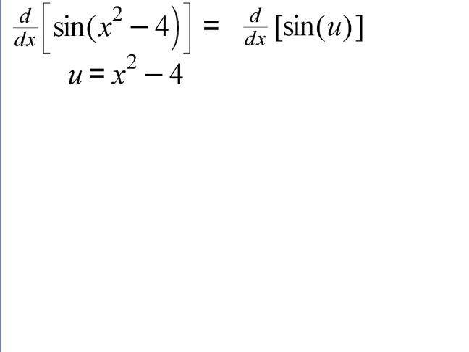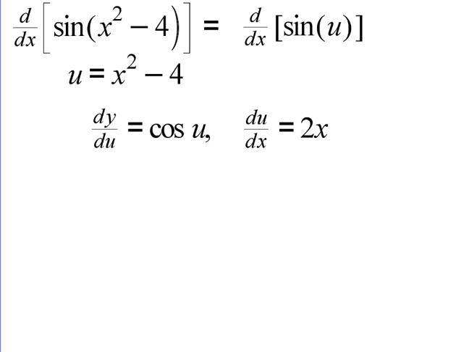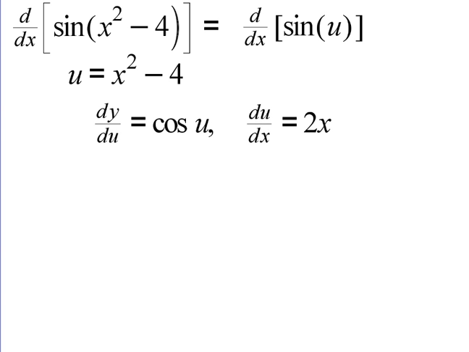The derivative of y with respect to u, if sine of u is our y function, is just cosine of u, knowing our trig derivatives. And the derivative of u with respect to x is simply 2x, because we drop down the exponent as a coefficient and decrease the exponent by 1. The 4 goes away because it's a constant.